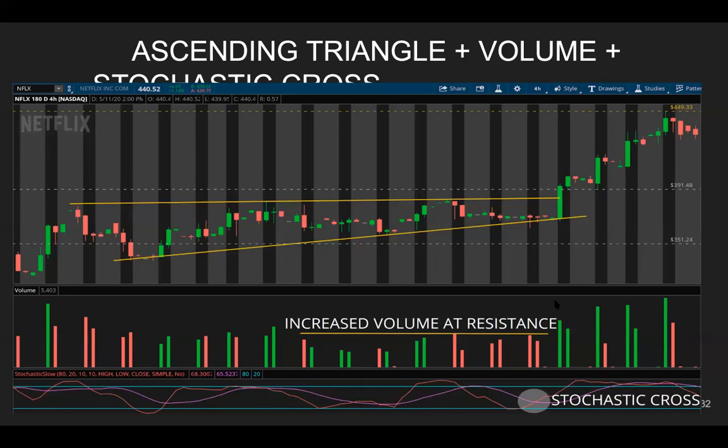Volume. You have a spike in volume, and it's considerably bigger than the past how many days? 1, 2, 3, 4, 5, 6, 7. 7 days. Bigger than the past 7 days.